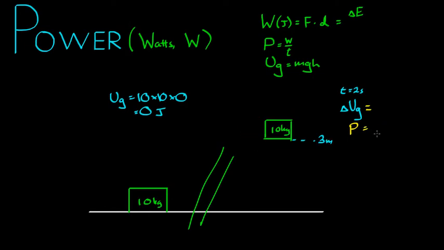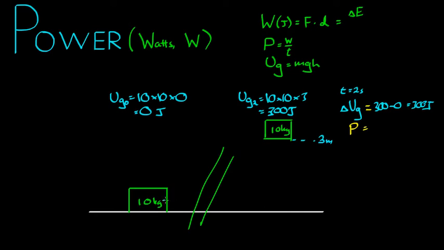The gravitational potential at 2 seconds is equal to 10 times 10 times 3, or 300 joules. So this block has 300 joules more potential energy than the block at the start. So the change in gravitational potential energy is 300 take 0, or 300 joules.